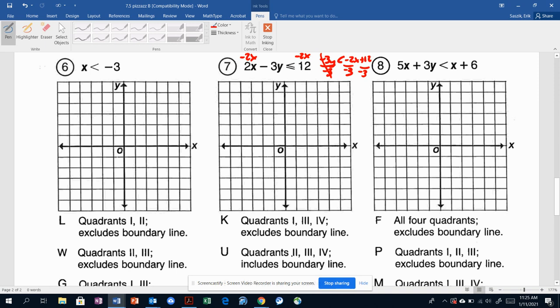So a couple things to keep in mind, right? First of all, we have to change this direction because we're dividing by a negative, so that's greater than. These negatives cancel, and that would be a minus 4. So I'm down there, up 2 over 3, up 2 over 3. This would be a dashed line, and we're greater than, so we're going to shade above.